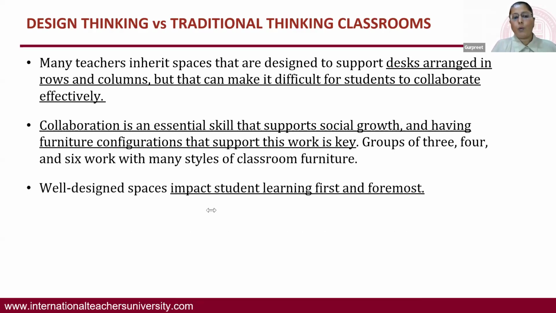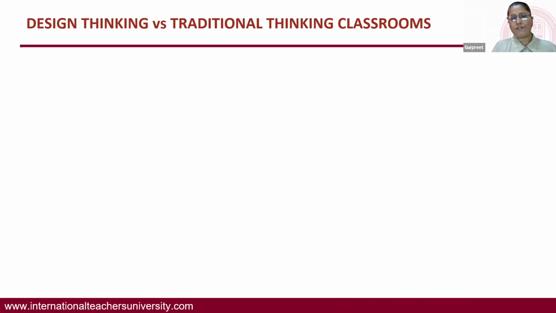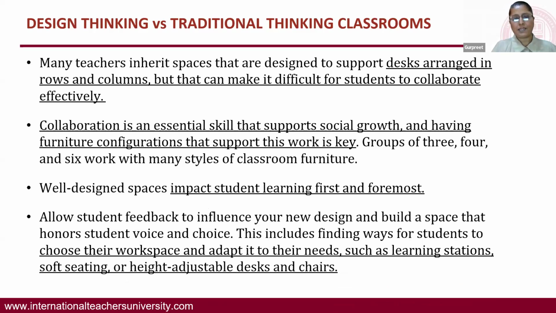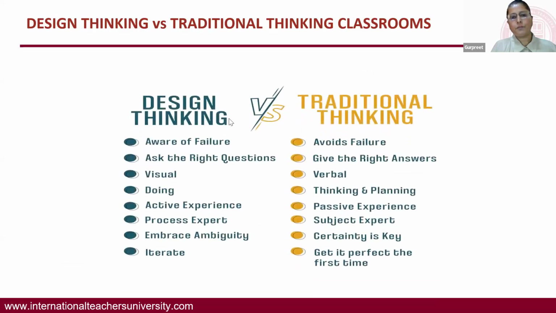That is why well-designed spaces, as we saw in design thinking classrooms, will always impact student learning first and foremost. The students in design thinking classrooms will always have flexible seating arrangements and their chosen workspaces, and therefore they can adapt to their needs, such as learning stations, soft seating, or height adjustable desks and chairs. I hope I'm audible now.